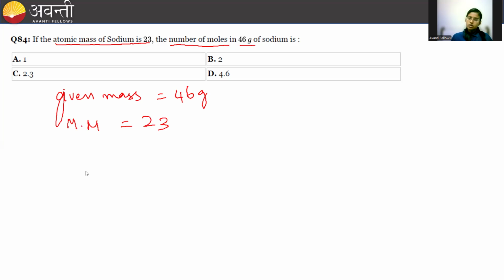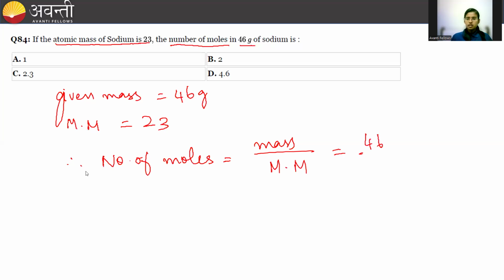So we can substitute in the number of moles formula. Therefore, number of moles is equal to the given mass divided by molar mass. So it is 46 divided by 23, so which is equal to 2. Okay, so very easy.